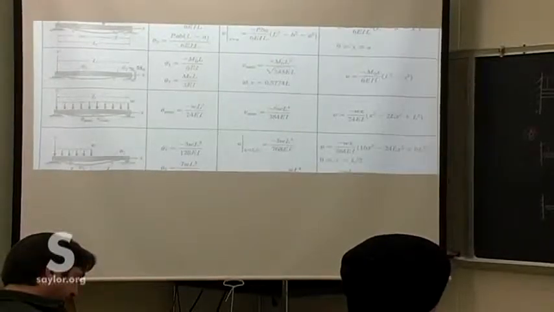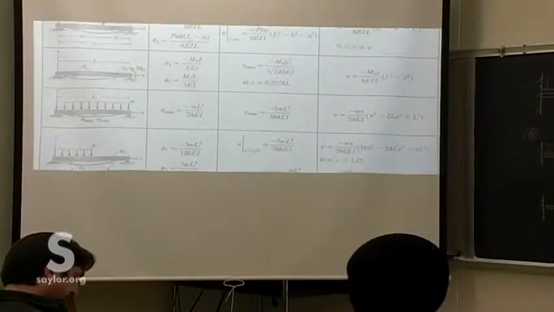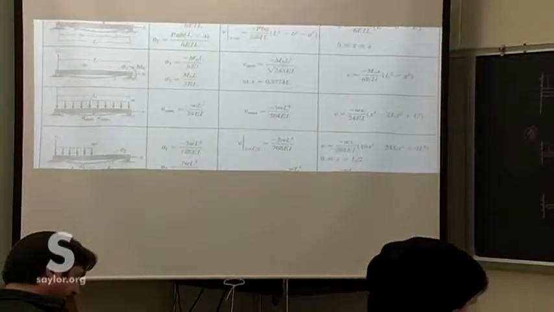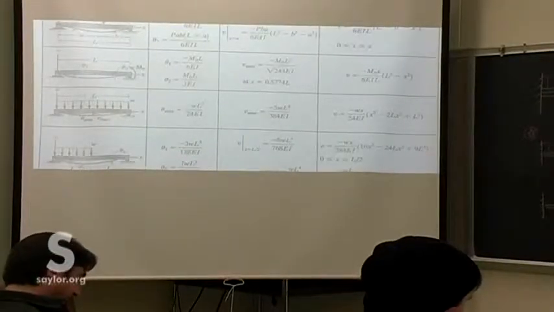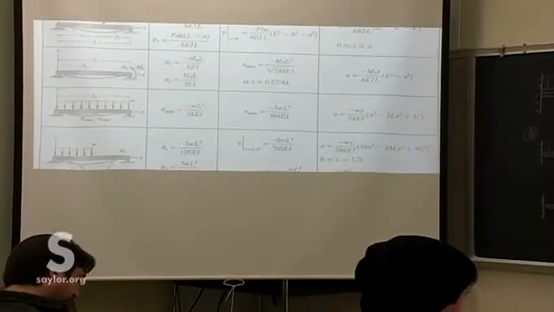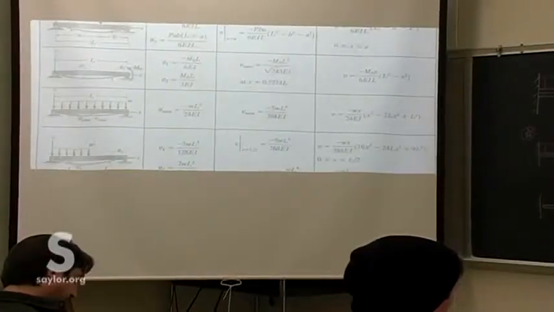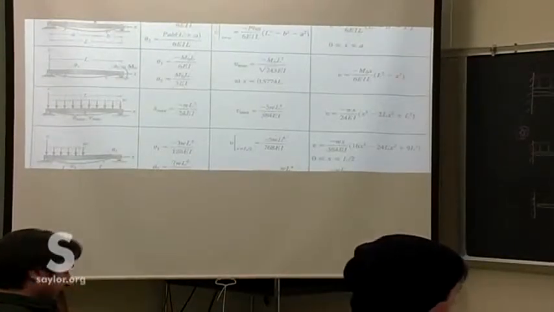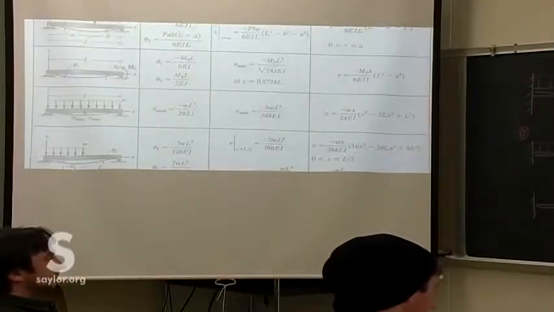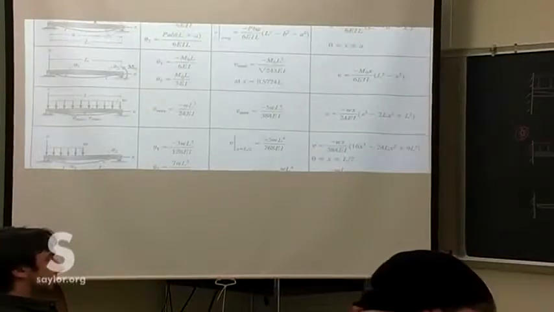That's the uniform one here. It's in the proper orientation. x cubed, well, minus 2Lx squared plus L cubed.